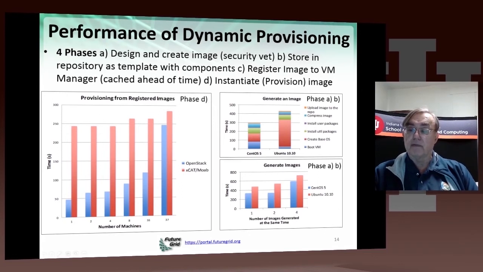That's clearly different for Ubuntu and CentOS. And then we have here with the same color scheme, Ubuntu, which is the longer time, and blue, which is CentOS. That's when you're doing this concurrently for several images. So this is an area where we're still doing substantial work, and the software to support this will be released in a few months.